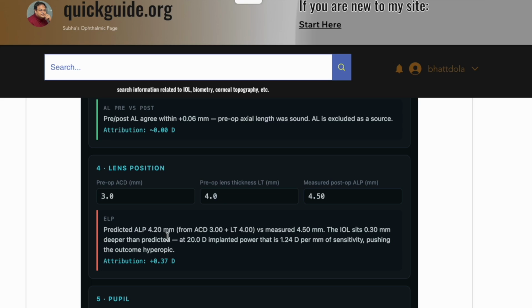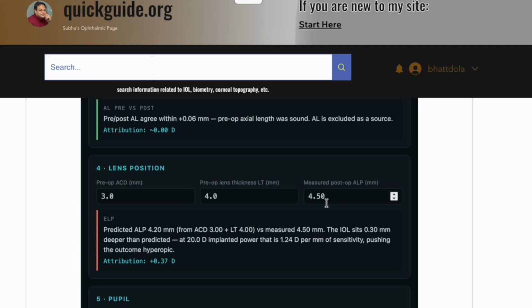It has a built-in algorithm to determine that, and it is saying that you actually have measured it as 4.50, your postoperative ALP. The IOL sits 0.30 millimeter deeper than predicted. So at 20 diopter implanted power, that is 1.24 diopter per millimeter of sensitivity, pushing the outcome hyperopic. So you have got actually a myopic outcome, but this is showing a hyperopic outcome, right?